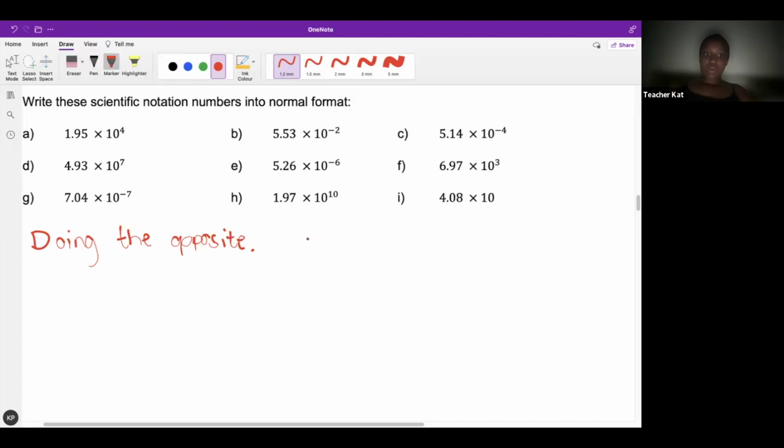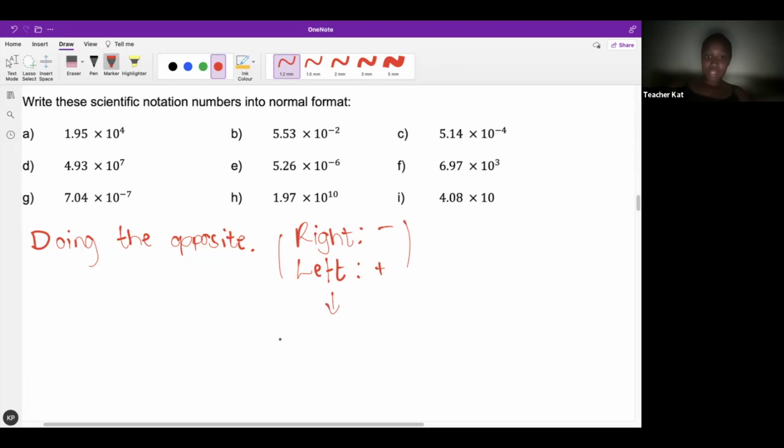Okay, so originally, when we were moving right, would our exponent be positive or negative? It would have been negative, right? And we were moving left, it would have been positive. Now we're going to do the opposite.